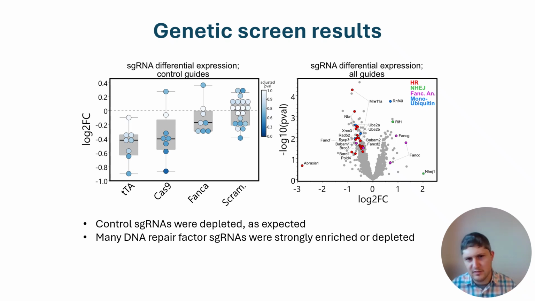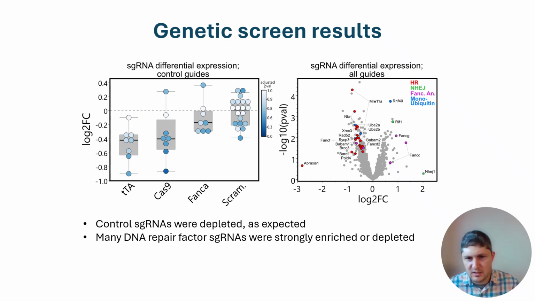We saw that most of the guide RNAs targeting this gene were depleted, at least modestly. And then we had 20 scrambled control guide RNAs, so these are not targeting the mouse genome. And you can see that on average, there was no enrichment or depletion of those guide RNAs. So the control guides seem to do what we were expecting them to do.